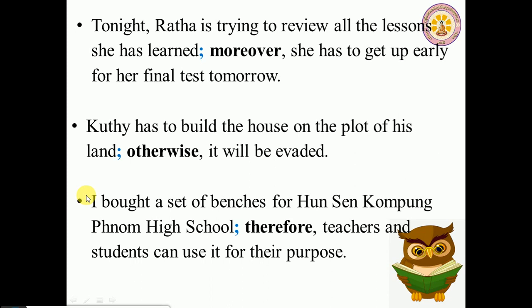One more: I bought a set of benches for Phnom High School; therefore, teachers and students can use them for their purpose. So therefore is the conjunctive adverb used to join two main clauses, and we use a semicolon after the main clause and a comma after the conjunctive adverb.